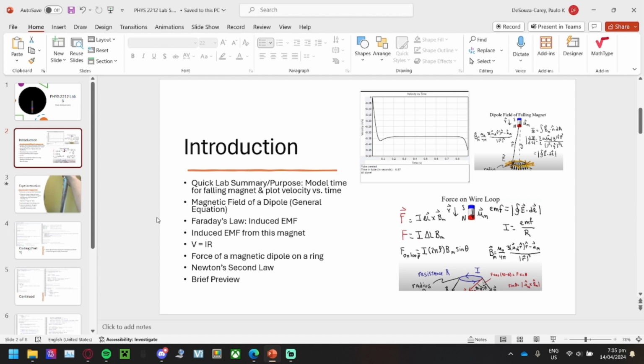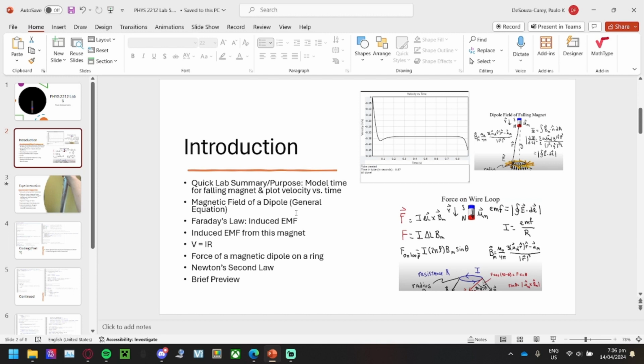Some of the formulas involved are mainly Faraday's law, but to build up to that, we need to know the magnetic field of a dipole general equation, which is right here. Then we need Faraday's law, which basically states that an increasing flux, the amount of magnetic field going through an area, is related to a non-Coulombic electric field, which drives a current.